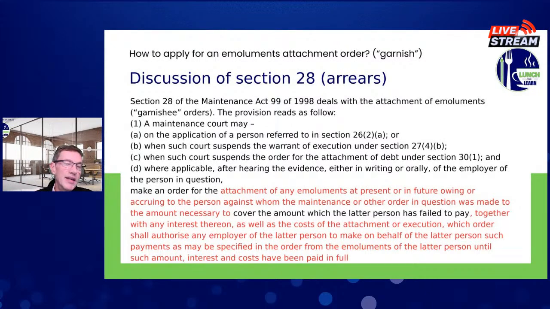That's where they attach the furniture or movable goods of the respondent to be sold by public auction, to raise enough proceeds to pay the money that needs to come to you in terms of arrears. That needs to be suspended before a garnishee order or emolument attachment order could be issued.